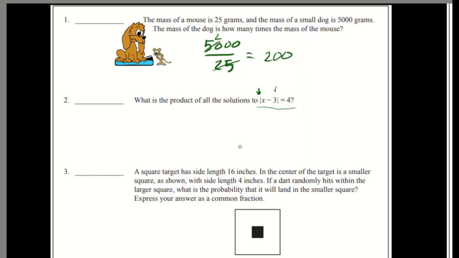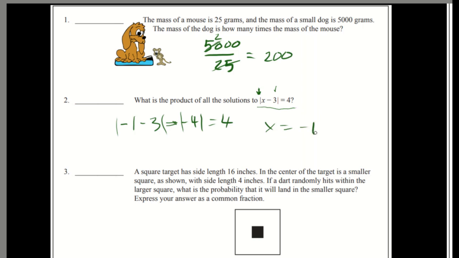So what do you think? So we could do negative 1 minus 3. Negative 1 minus 3 would give you negative 4, but then when you took the absolute value of that, it would just be 4. Okay, so x equals what?